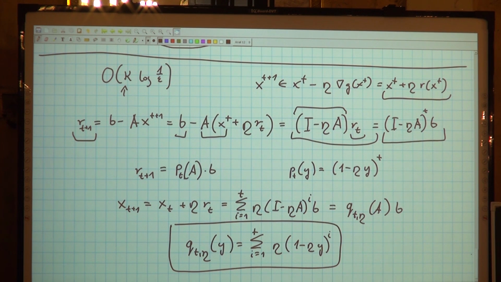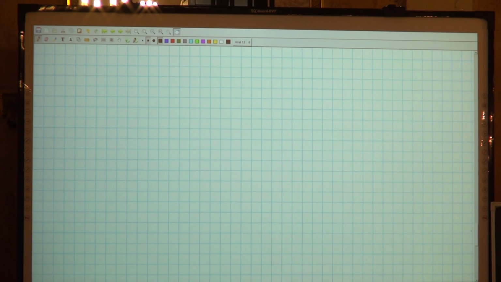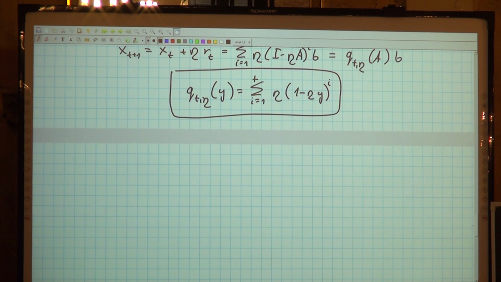But this is actually quite interesting, because let's think about what really happens. One interesting thing to note is that if I have my matrix A, the most important basis for this matrix is the eigenvector basis.